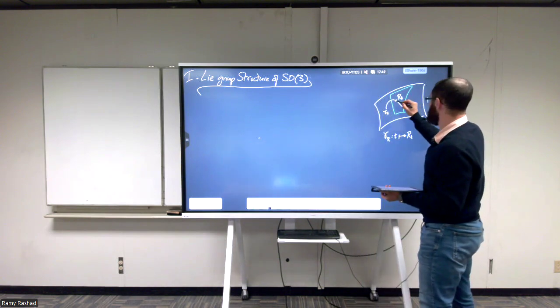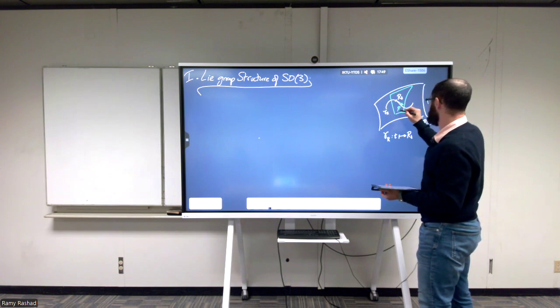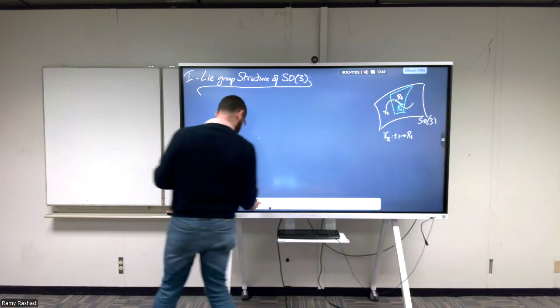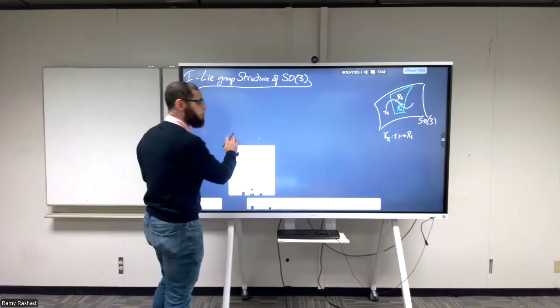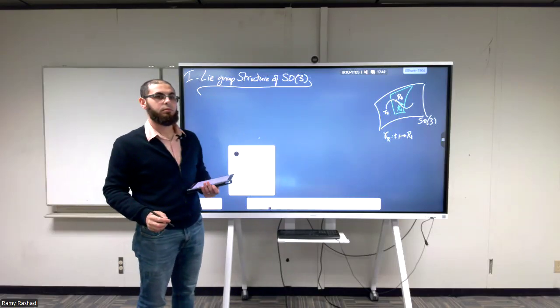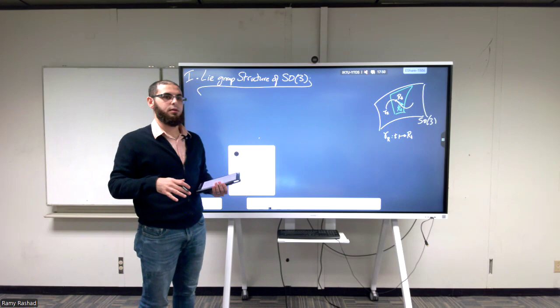This is a vector space. And the tangent vector to this point that lives in this space is R dot of t. It's tangent to the space. It's tangent to the surface.